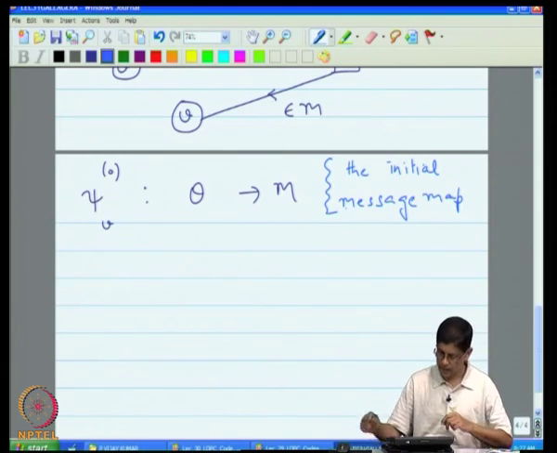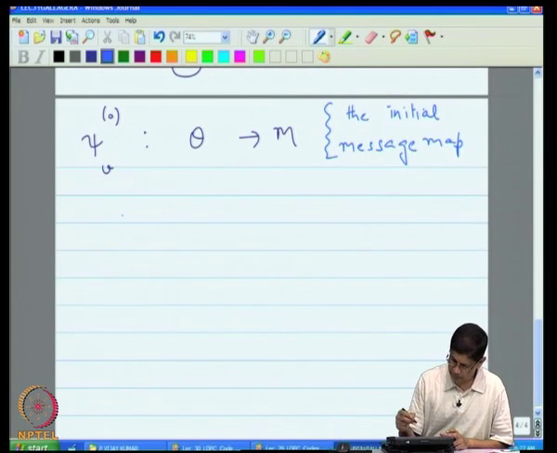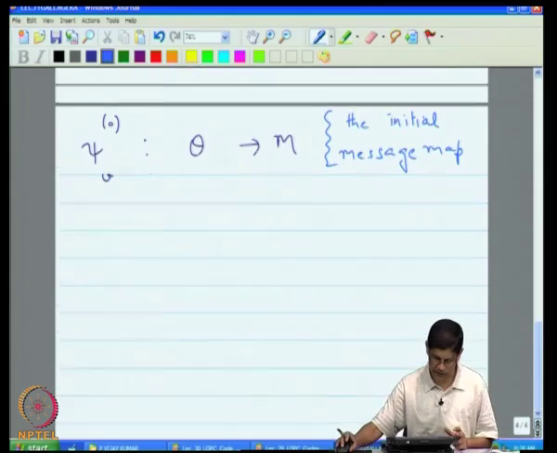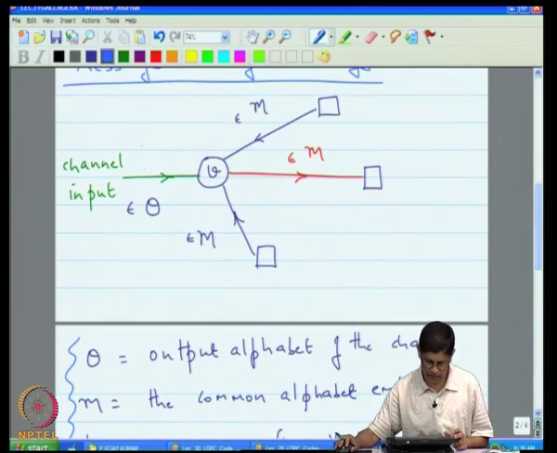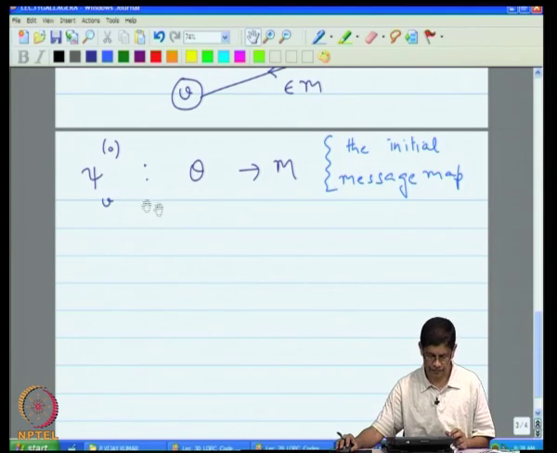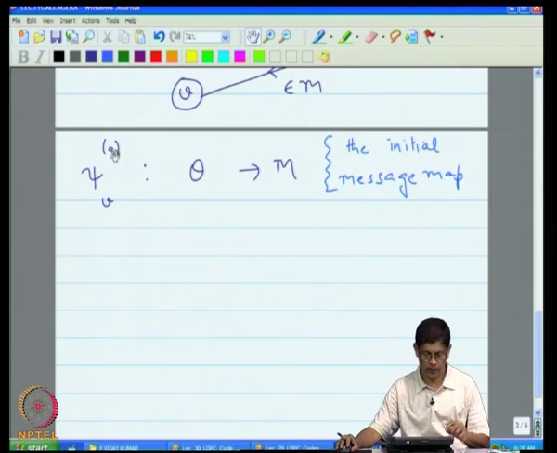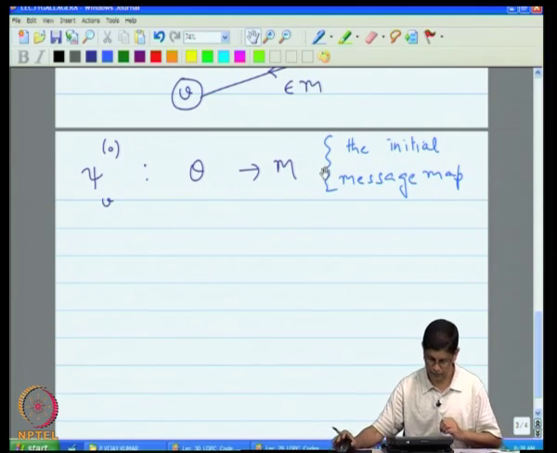Okay. And then so this is from the variable node to the check node, and what we are basically saying is, look, there is an input that comes from the channel, and whatever the node does, it transmits its output based only on the input of the channel, because that is all it has initially. And this 0 here denotes the number of the iteration. So, we are talking about the 0th iteration here.